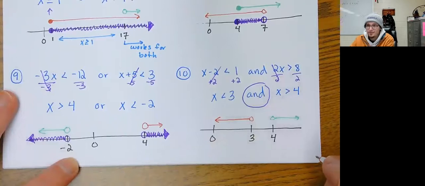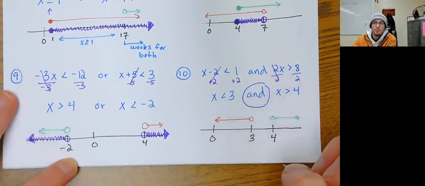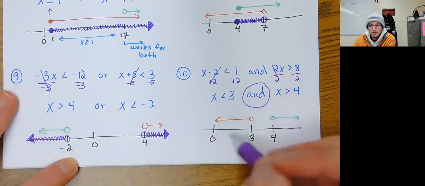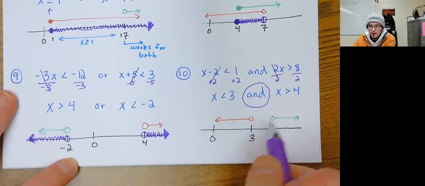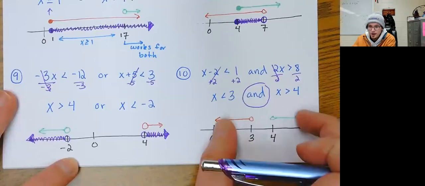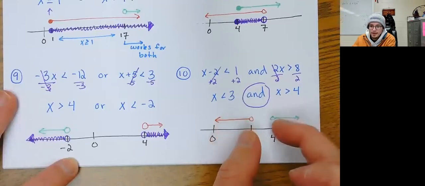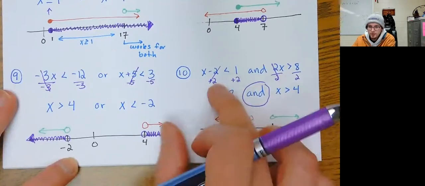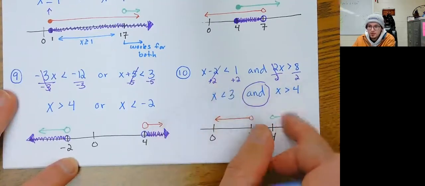It says and. It says and. We got a problem, right? There's nowhere where it overlaps. There's nowhere where these inequalities are graphed where these solutions work for both. These values over here work for this inequality, and these values over here work for this inequality.